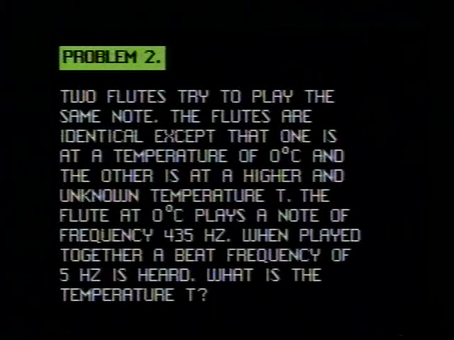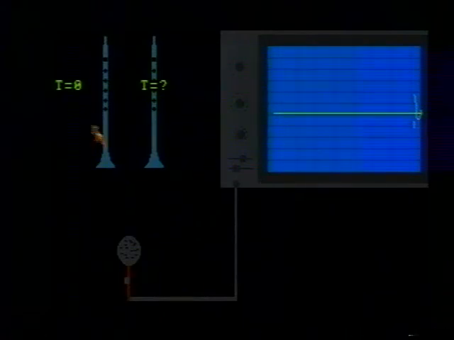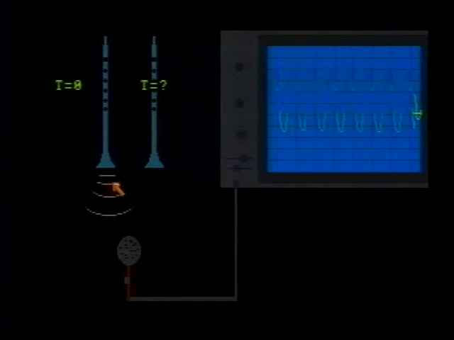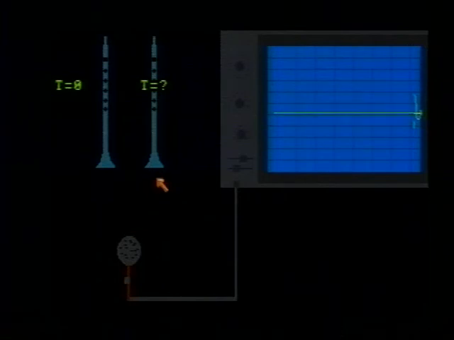Let's take a look at those two flutes. When the flute at 0 degrees centigrade plays the note, it's of frequency 435 Hz and sounds like this. When the flute at the higher temperature tries to sound the same note, it sounds like this.